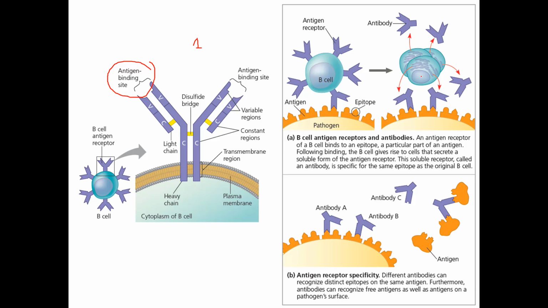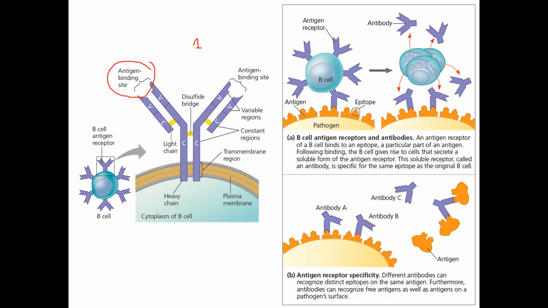Another important thing to note about the antigen receptors is that they are very specific. A B cell will only produce one kind of antigen receptor. As you can see, this B cell has antigen receptors whose structures are the same. So it will recognize only a particular kind of epitope.